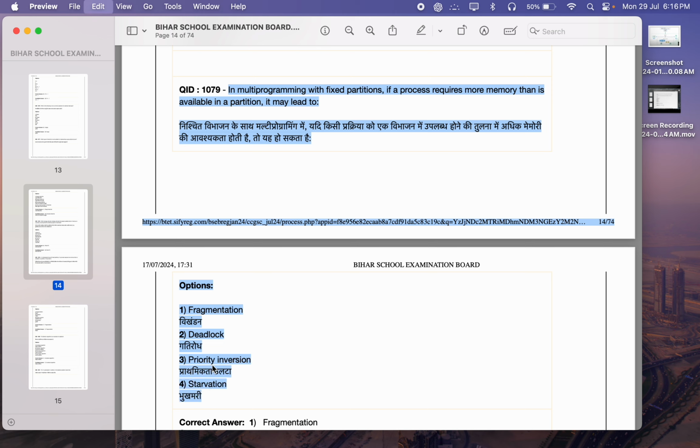So what it means is, let's say you have certain partitions or memory blocks in your main memory. Now, if a process comes which requires more memory than is present in your RAM or partition, then fragmentation occurs. It means that you are not able to allocate that memory to a process, because your process needs more space, but that is not available. So that is fragmentation.